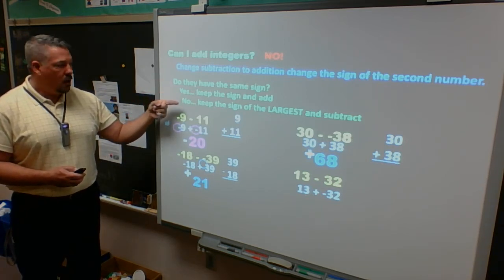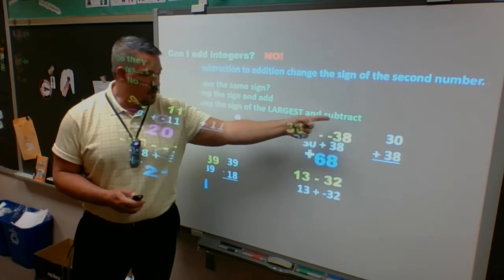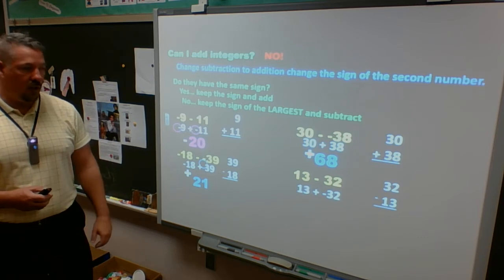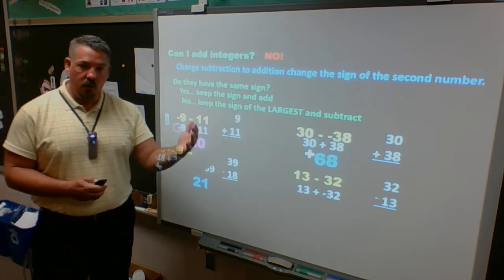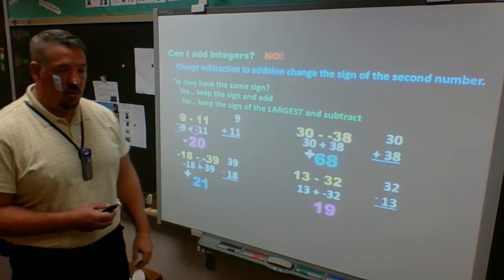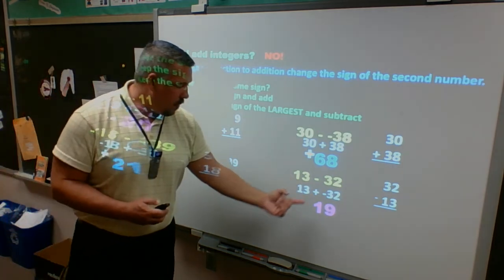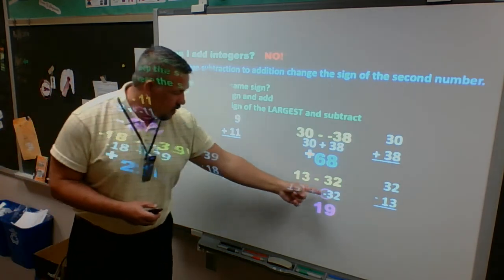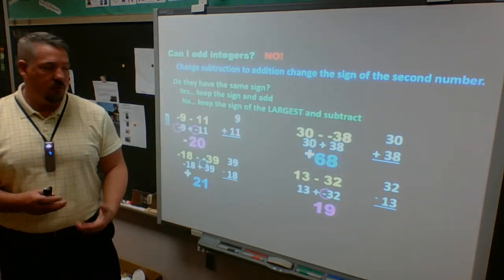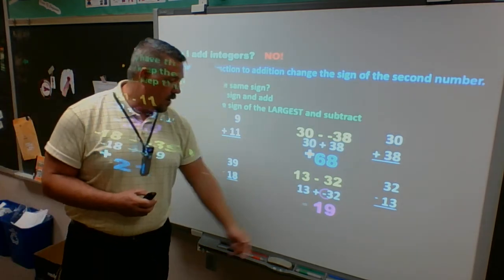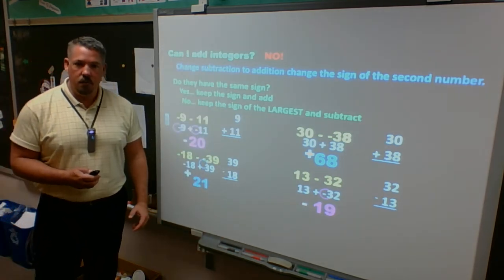I don't. Opposite signs tell me to subtract. So I take my 32 and I subtract my 13. When I take 32 minus 13, I get a total of 19. But what kind of 19? So now I look at my signs. My negative is the larger out of the two. 32 in digits is larger than 13, so I know it's going to be a negative 19.